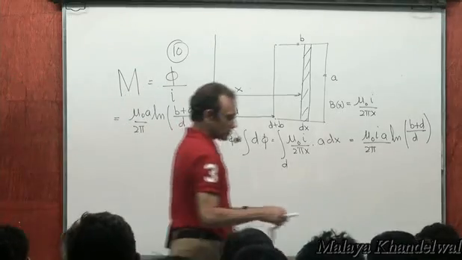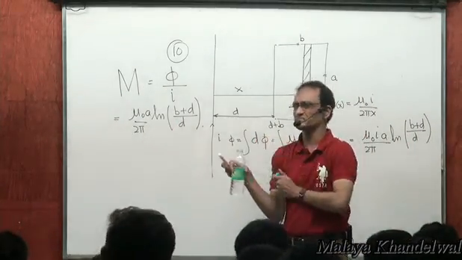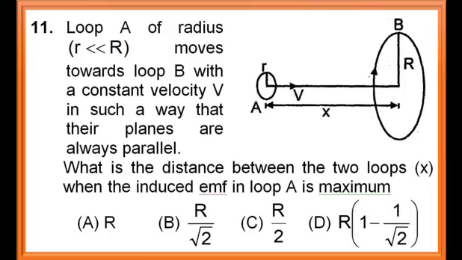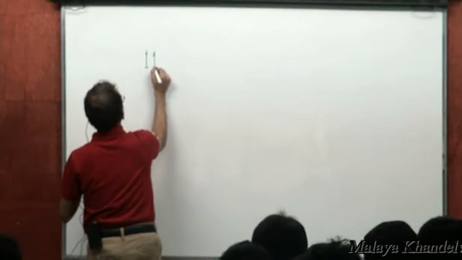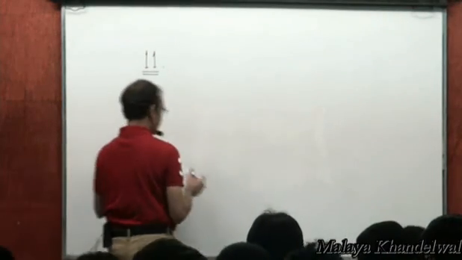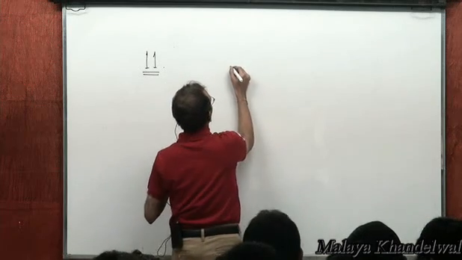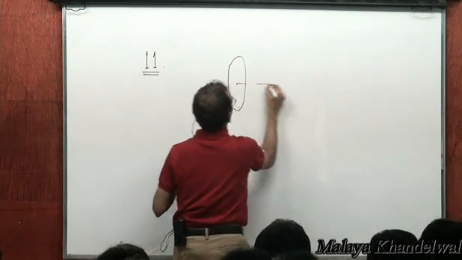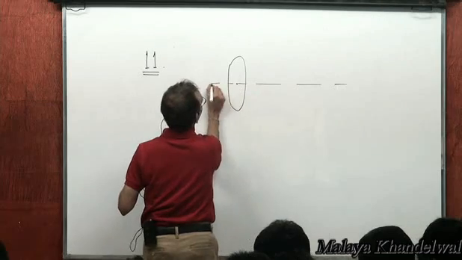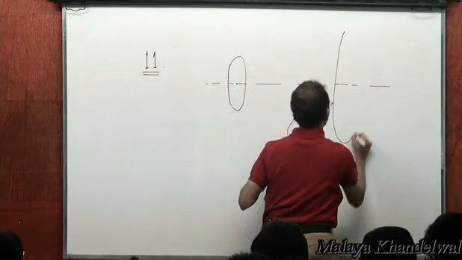Okay, let's look at the next one then. Simple, isn't it? Eleven. So we have a relatively small loop, coaxial, with a much bigger loop.